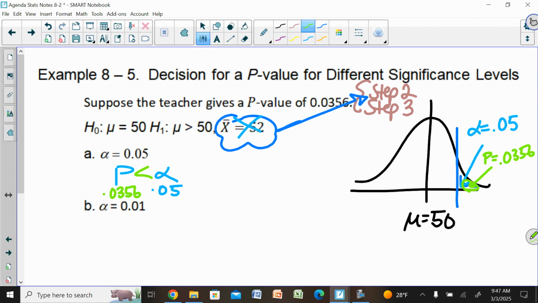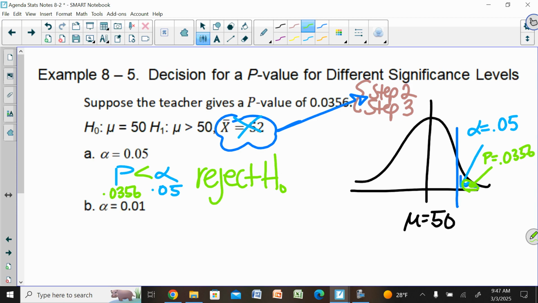So we are going to reject H sub 0 for our decision. If p is less than alpha, reject H sub 0. So for you visual people, all of the p-value fits inside the alpha. It doesn't overflow into the non-rejection region.